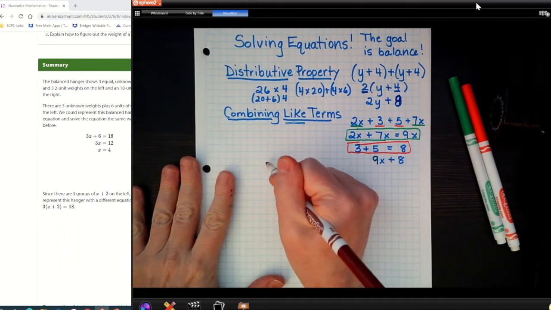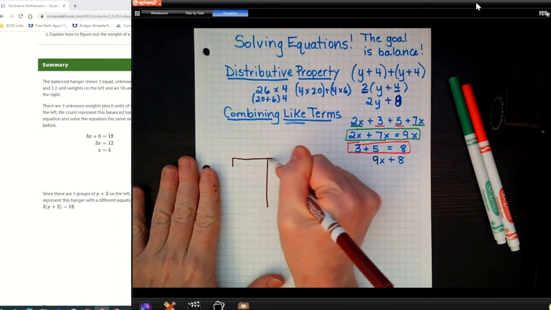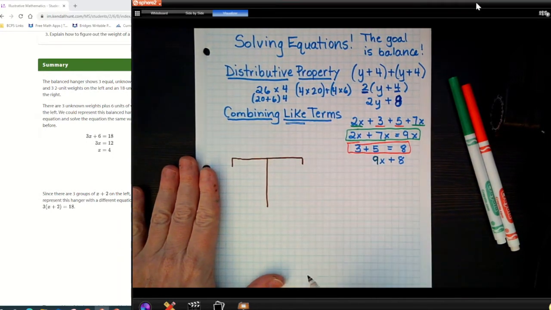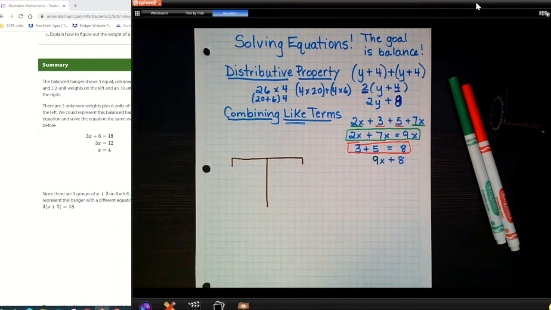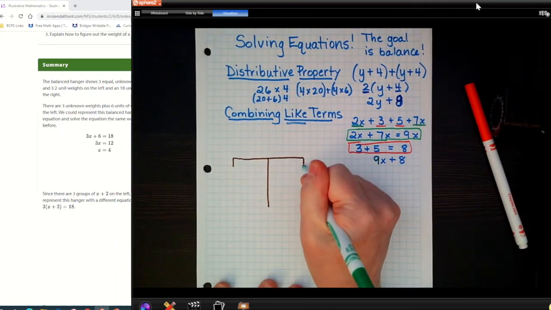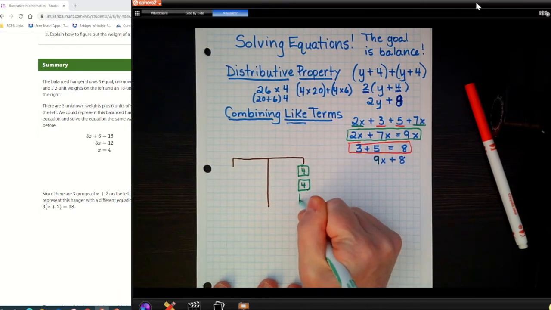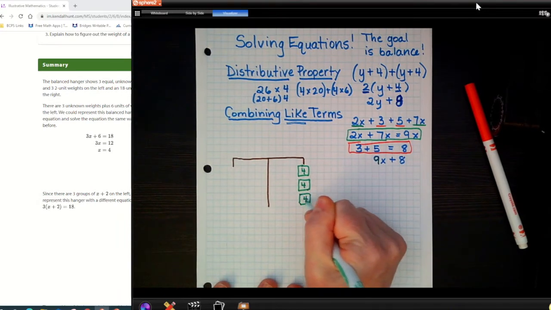I'm going to create a hanger balance. And I'm going to use colors for this because I'm just in the mood to color code. All right, my color codes, I'm going to have 4, 4, 4, and 4.